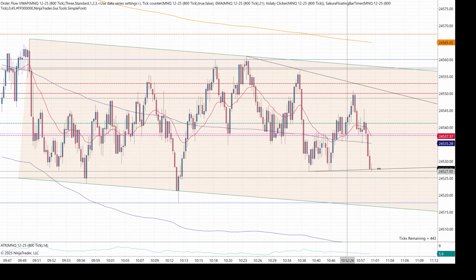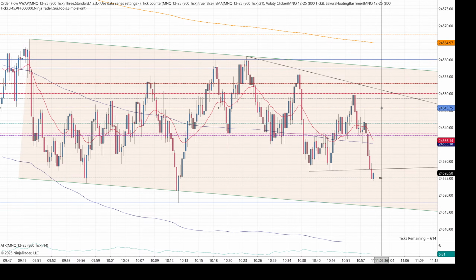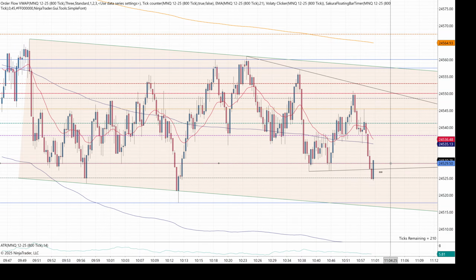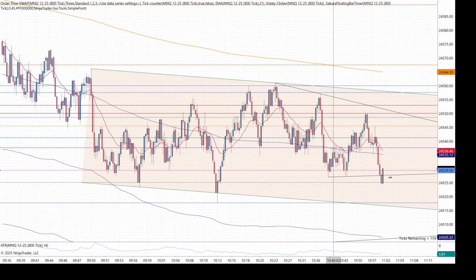Did we make a new low? Not yet. But if we do, we get to move the golden ruler. All right, golden ruler moves. And the runner, it just got taken out. So this trade is over.